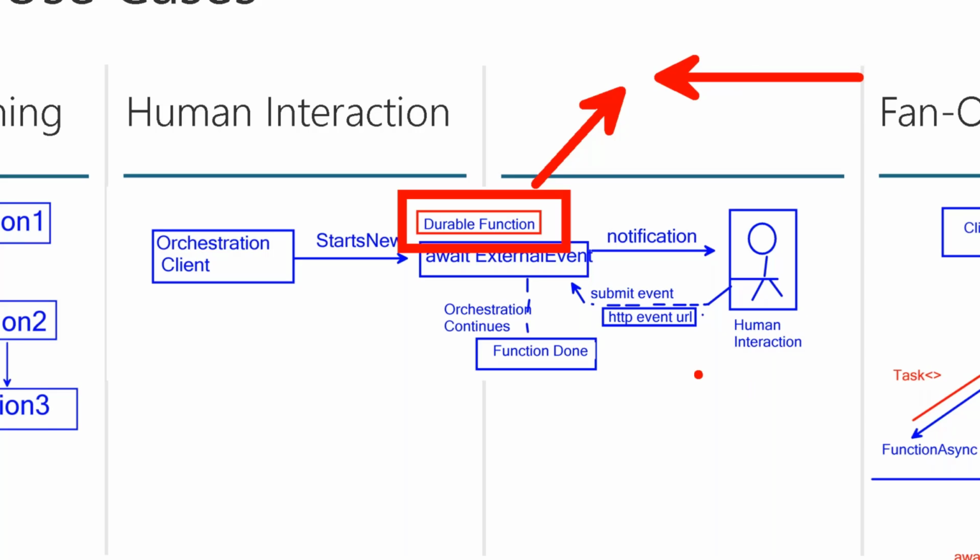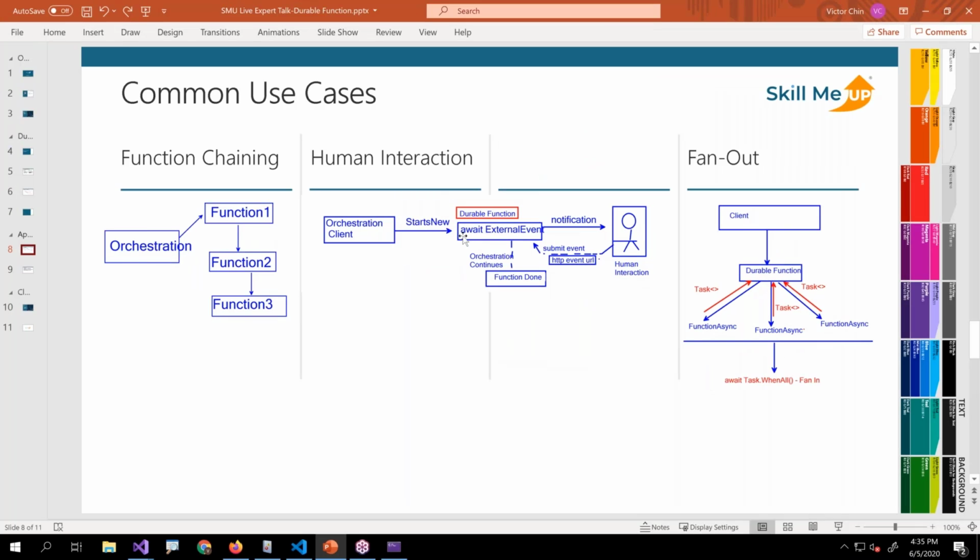Now it is up to me to submit an event through the HTTP event URL to say, hey, I received this code. And then the Azure function will receive this event and wake up and say, okay, you got a 4-digit code. Does it match the one I sent you through Twilio? And the orchestration continues and the function is done.